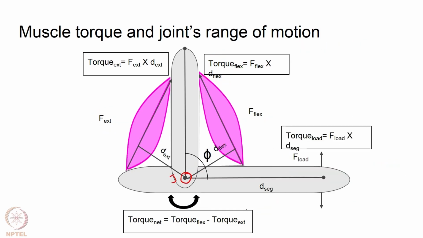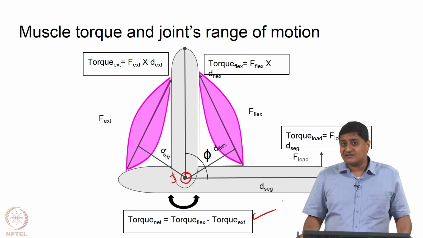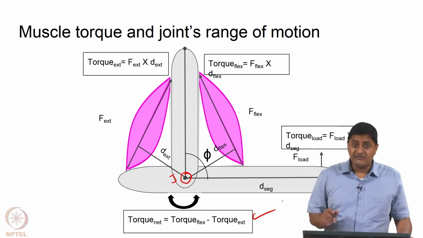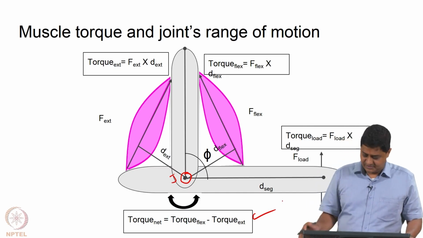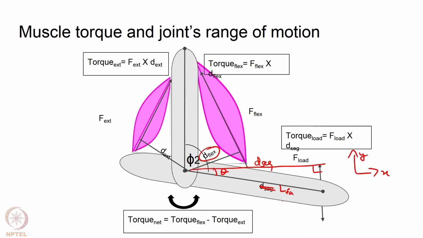Once again, the net torque is the vector sum in the case where there is no load or the forearm is considered massless. We will have to change the equation depending on the situation. That is the situation with the joint torque case.